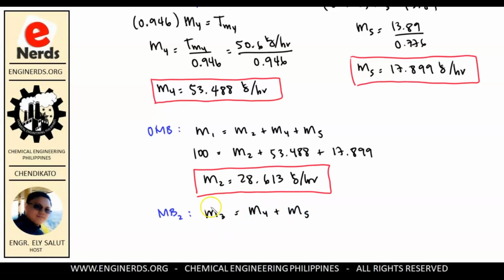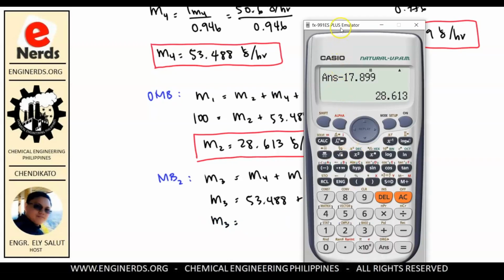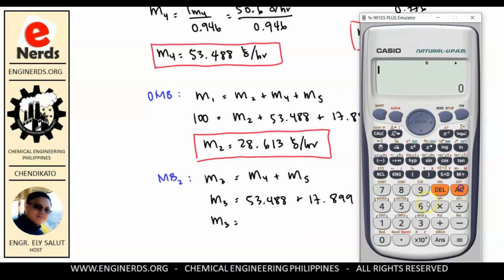So our M3 is equal to M4, which is 53.488, plus M5, which is 17.899. So our M3 is equal to 53.488 plus 17.899.